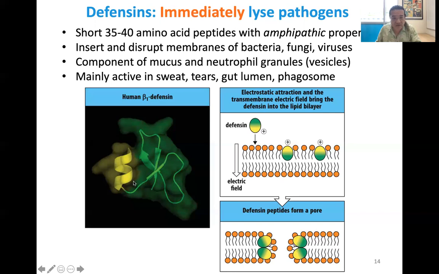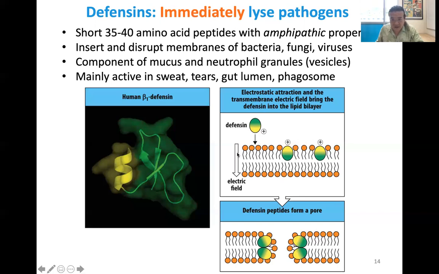Actually, this illustration on the left is nice because it not only shows you the ribbon diagram, but very faintly you can see they superimpose the true three-dimensional shape once you fill in the electron clouds, right? So to me, this is a nice example of why visualizing it both ways is very useful. So these defensin molecules then, because of their amphipathic nature, naturally will insert themselves into the lipid bilayer of cells like bacteria.